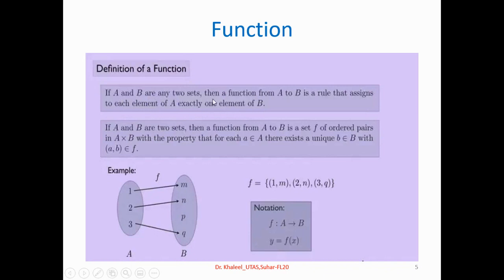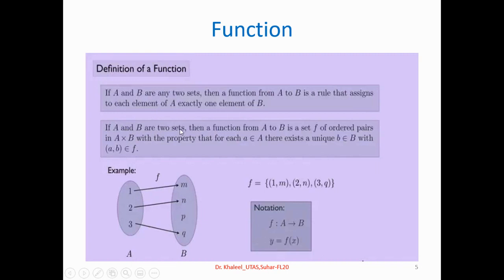So in the definition of a function, there are two important points. One is that all the elements of A are to be related, and they are to be related to exactly one element of B.